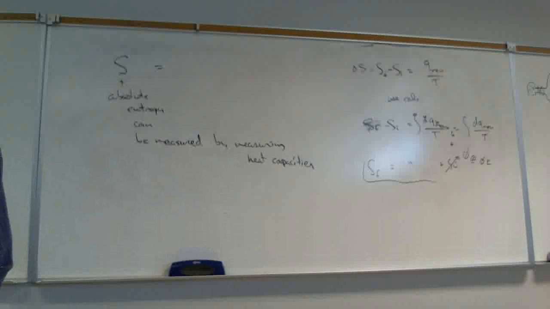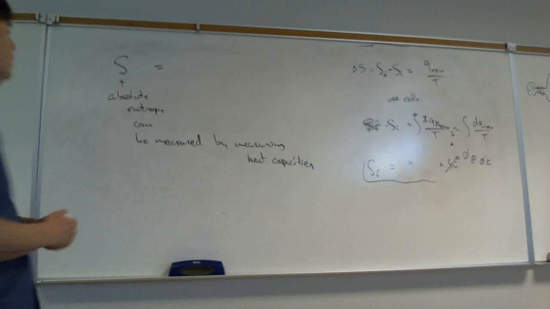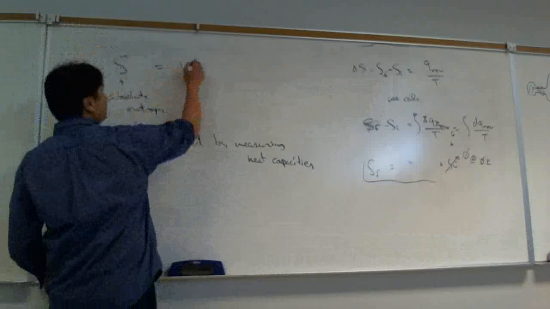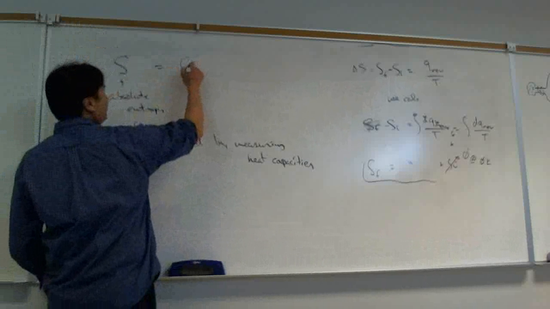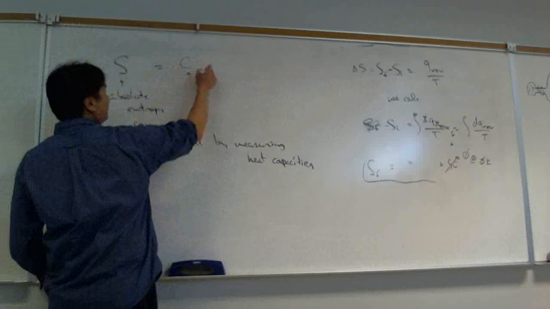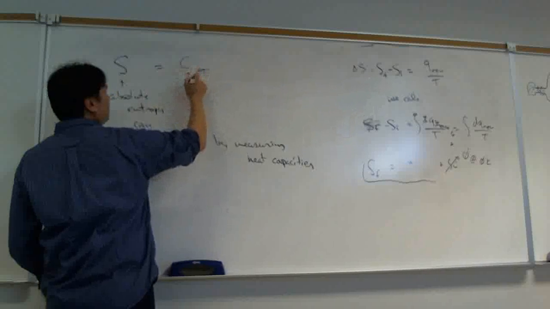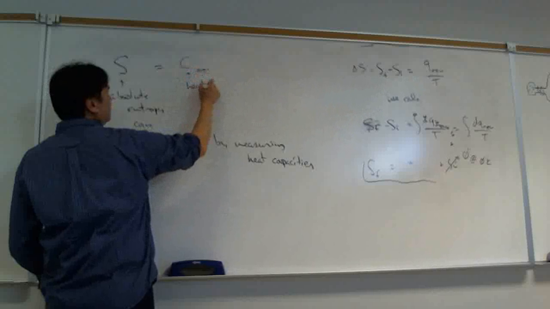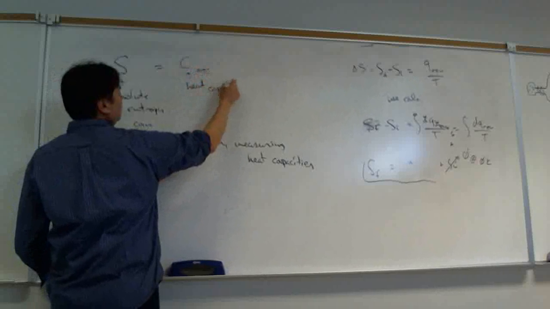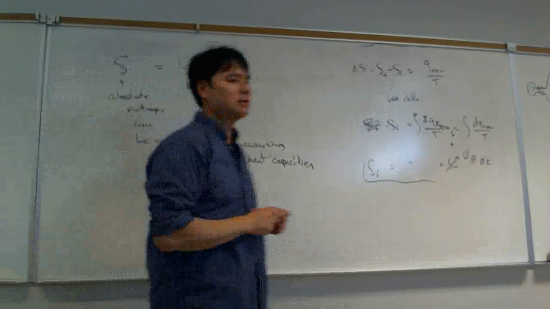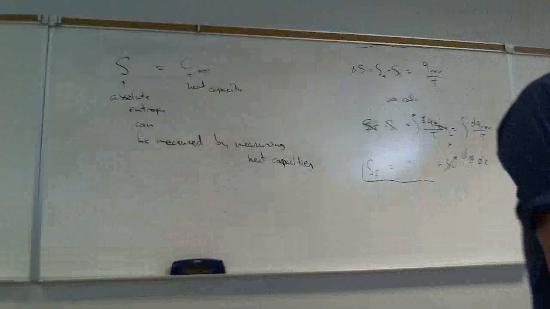C. Good. We take C measurements, C, the heat capacity, etc. There's other stuff in here, but we don't care what it is. This is just heat capacity. And so the heat capacity is going to give us an indication of what the absolute entropy is.